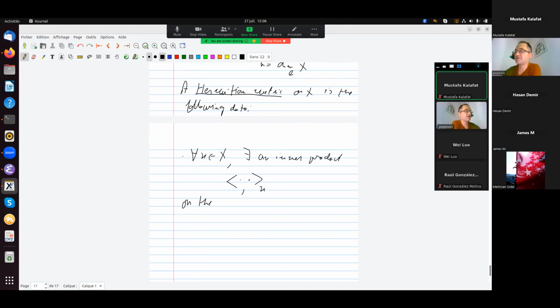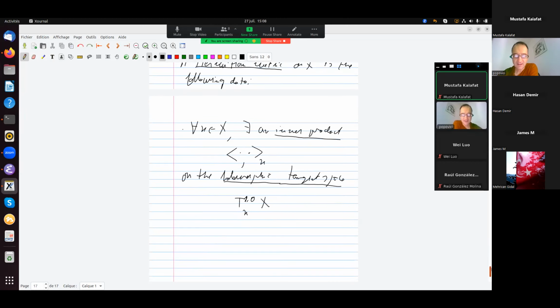In other words, on the fiber at x of the holomorphic tangent bundle, the holomorphic tangent space, the one that we denoted by T^{1,0}, the tangent space to capital X at lowercase x. So an inner product on the holomorphic tangent space.